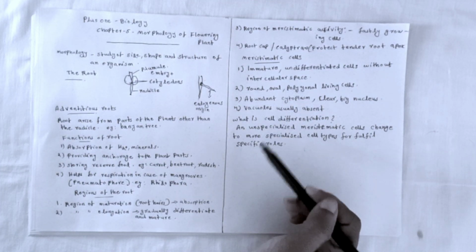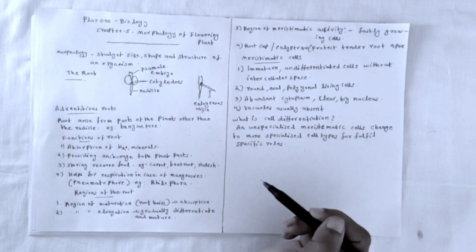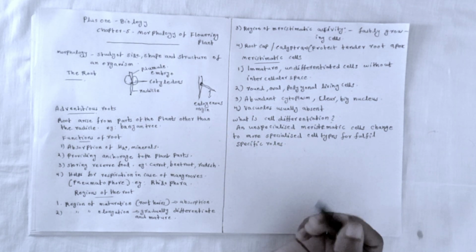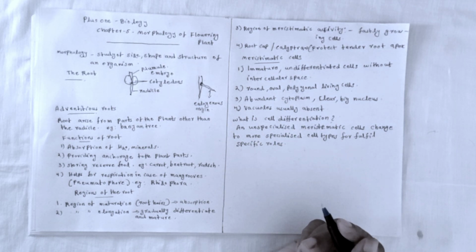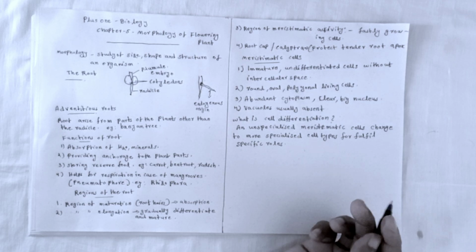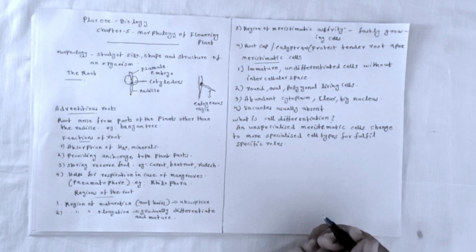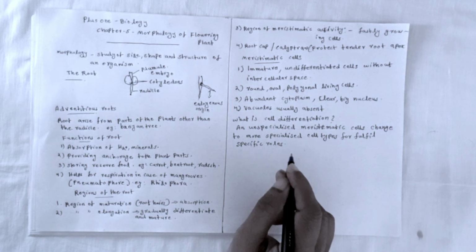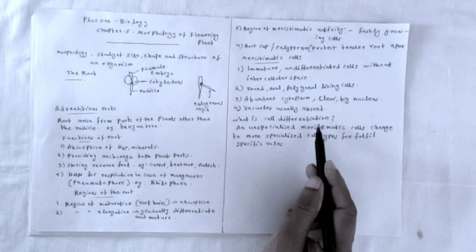From this meristematic cell, cell differentiation occurs and produces other permanent cells like collenchyma, sclerenchyma, and different types of conductive tissues, that is, xylem and phloem. That is known as cell differentiation.